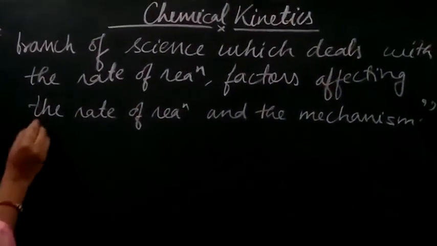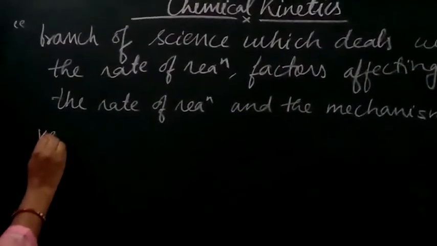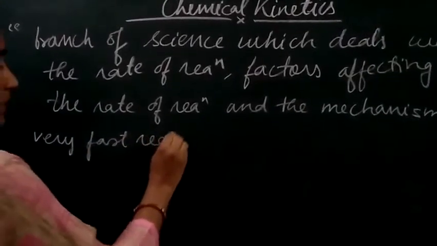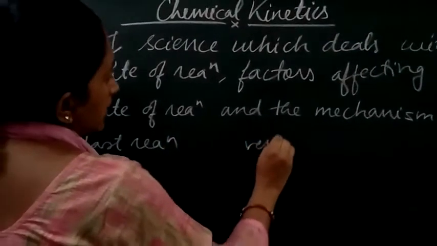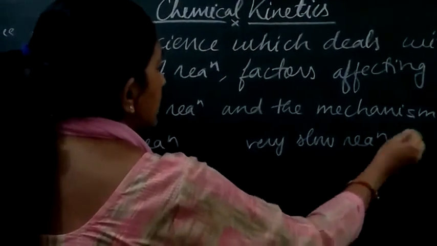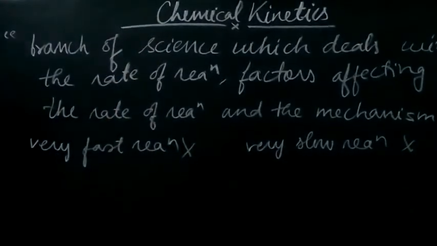Now, as I said, under chemical kinetics we are not going to study either the very fast reactions, right, or very slow reactions. We will not study these reactions here which are either very fast or very slow.